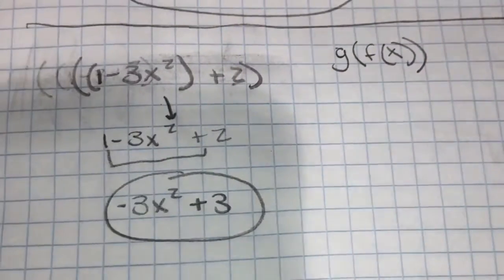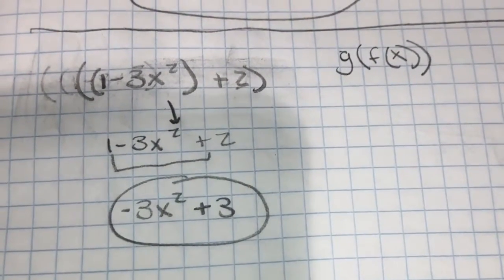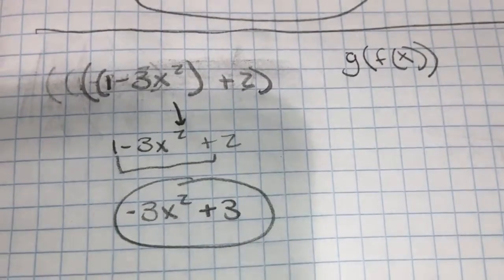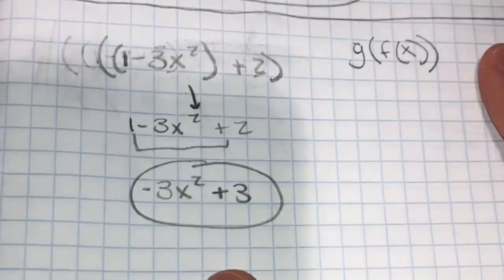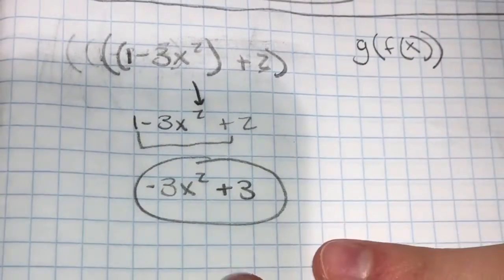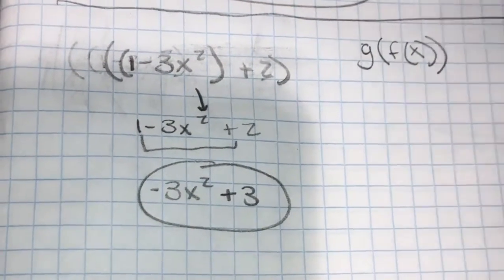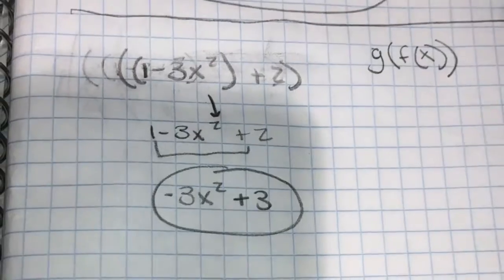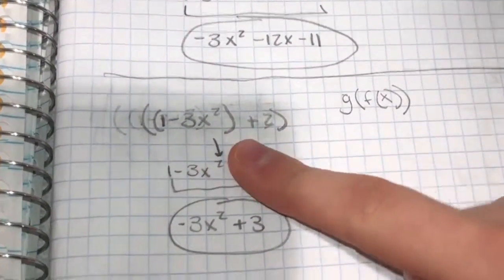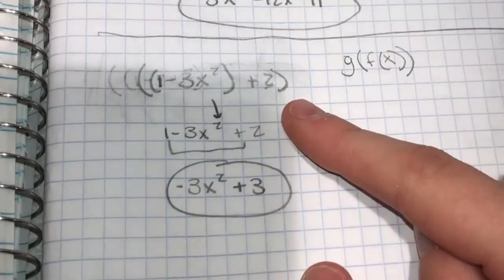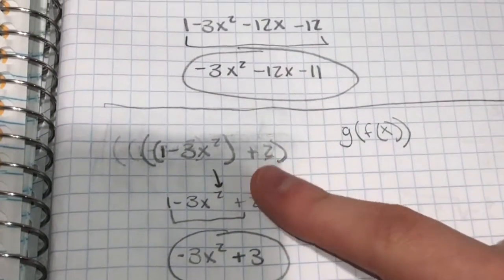We used f of x and g of x and put it in g of f of x and then simplified it. So we took f, which is 1 subtract 3x squared, and put it inside of g, which is x add 2.